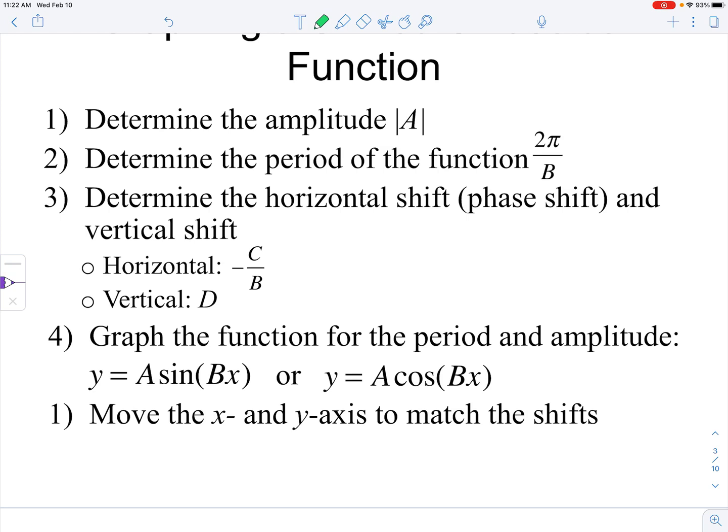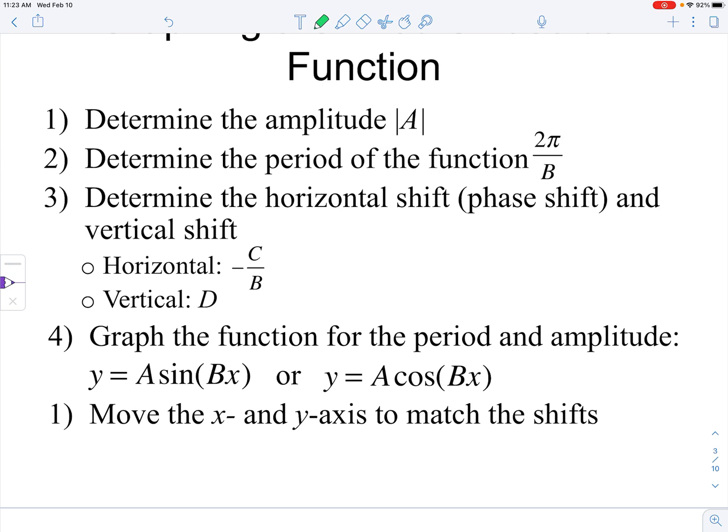And then if there is a horizontal or vertical or both shift, I move the x or the y axis. So if there's a horizontal shift, then you would be moving the y-axis in the opposite direction of the shift to show that the shift has happened. So like if there was a horizontal shift left 2, after you had graphed the non-shifted function, that just was vertically or horizontally stretched or compressed, then you would shift the y-axis in the opposite direction.